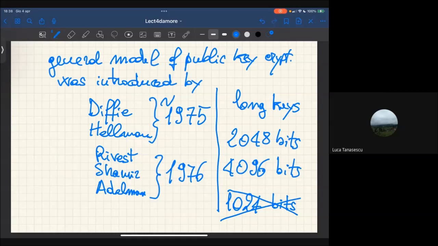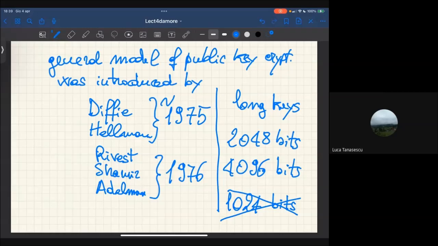This is always true. But the keys we use in public key cryptography are longer than the keys we use in symmetric cryptography. And this happens for several reasons. We will see some reasons, but it is not simple.